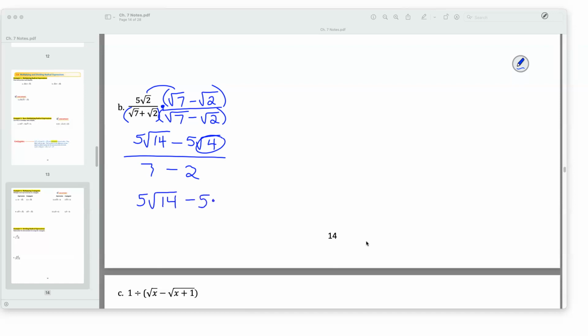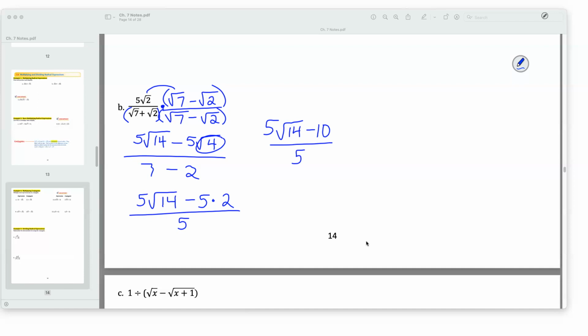Minus 5 times the square root of 4 really is equal to 2. So I can rewrite that as 5 square root of 14 minus 10, and then 7 minus 2, which is 5 in the denominator. So I get 5 square root of 14 minus 10 over 5. And then once I get that, I should be looking at all of the different terms and noticing that I can actually factor out a factor of 5 from all 3 of these parts.